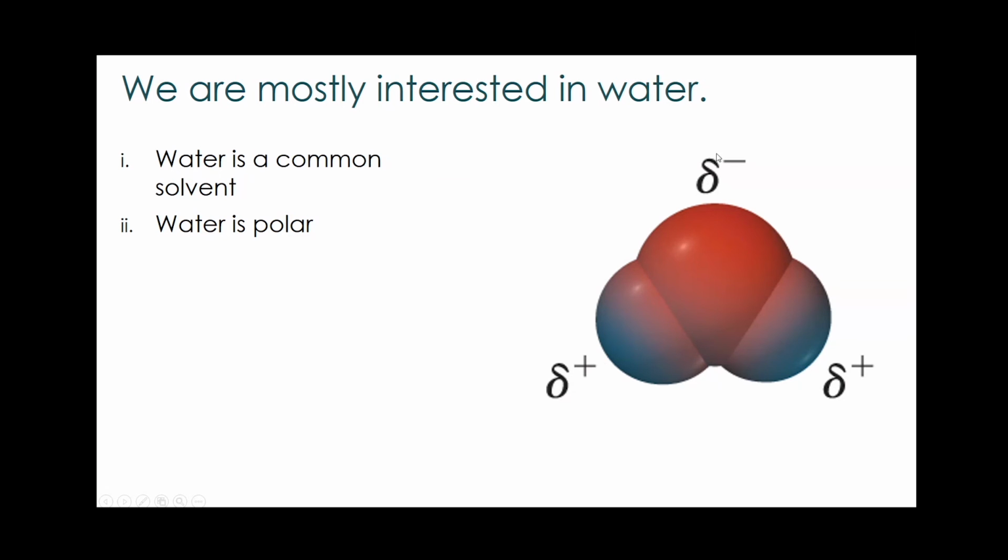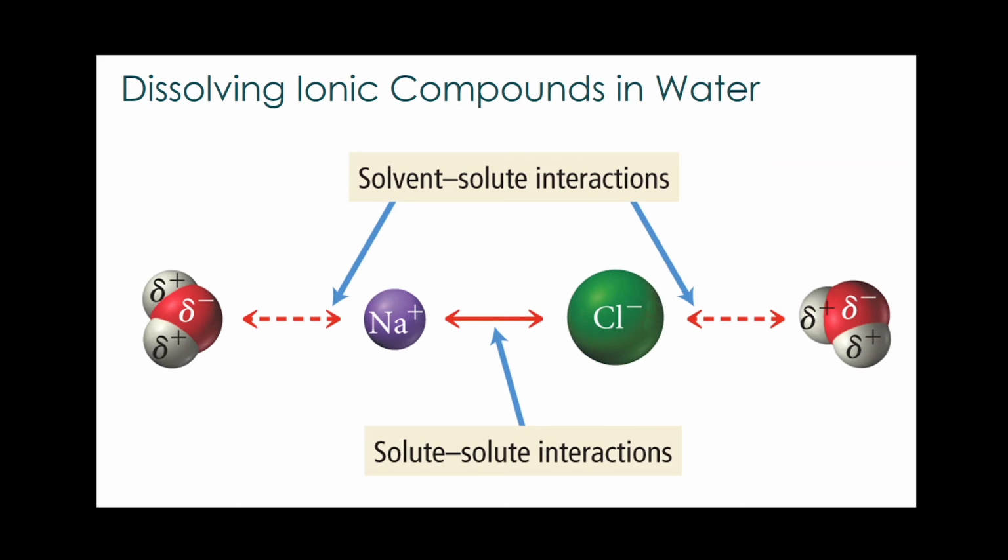This symbol here is a lowercase delta, the Greek letter delta, and we use it to denote partial. So the delta minus means that it's a partially negative charge. It's not a full negative charge. It's negative-ish. And this end of the molecule here, where we have the hydrogen atoms, is partially positive. So why is this interesting?